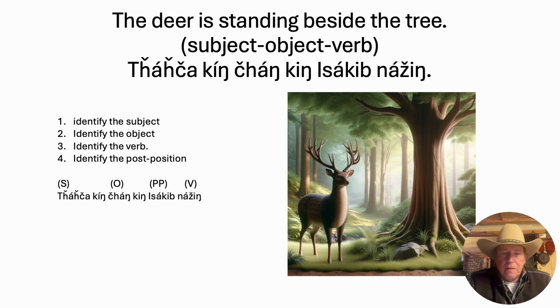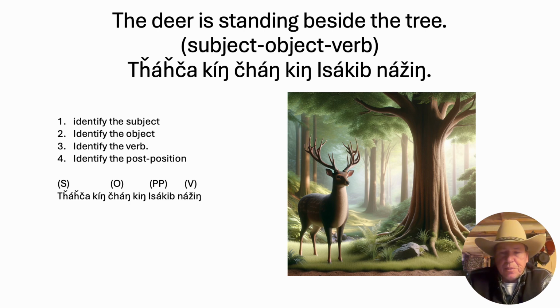And then we want to identify the object. The object is the tree. And then we'll skip over the postposition, but we'll go to our verb. What is this deer doing? All right, he's standing. Then we can fill in our postposition, right? And remember, it's going to follow, in this case, the tree.